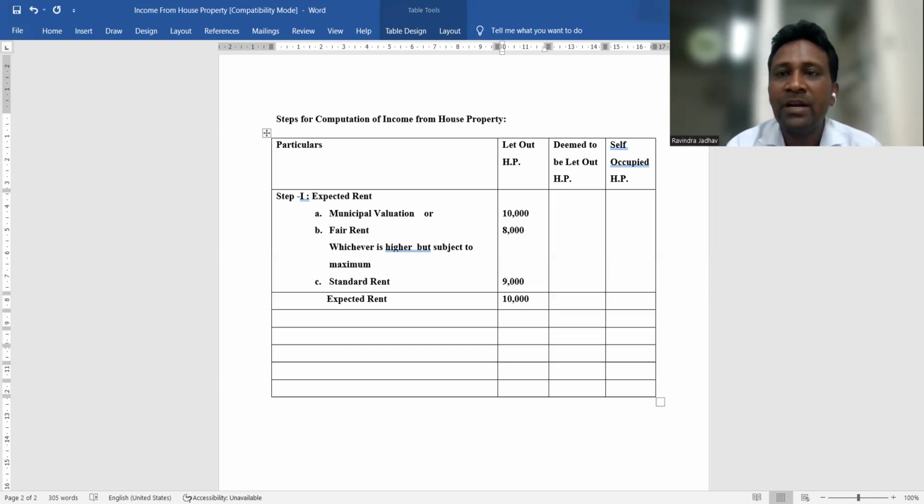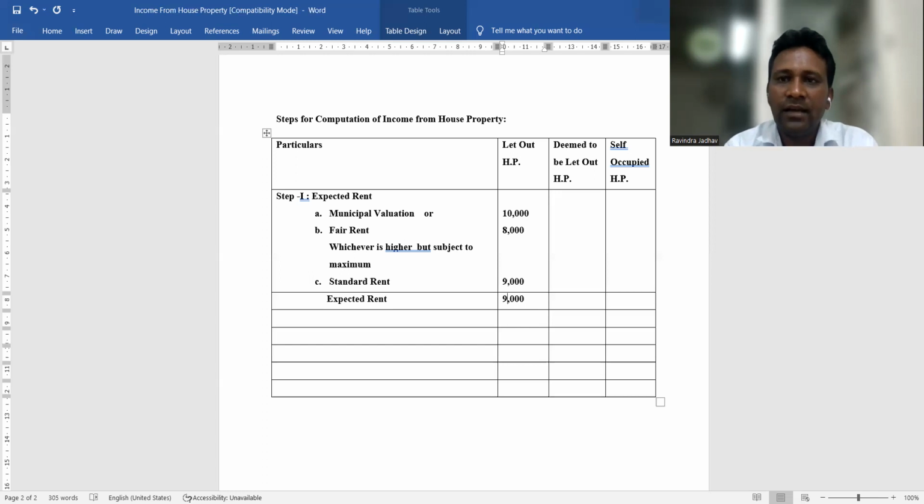But now 10,000 is more than 9,000, that is, rupees 10,000 crosses the limit of standard rent. So in this case, the expected rent will be standard rent, that is rupees 9,000.